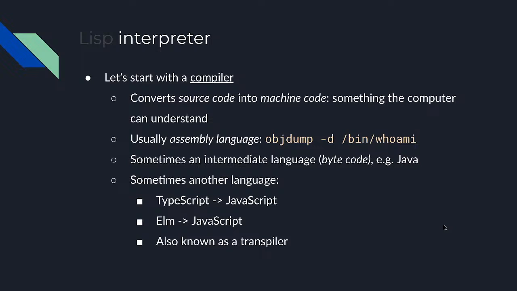Sometimes compilers convert source code into an intermediate language. For example, Java. When you use Java, the compiler converts the Java code into Java bytecode, which runs on Java virtual machines. This stems from an idea from 1995.